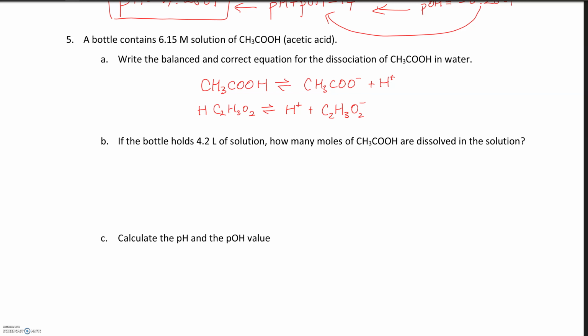So these both are balanced, so it's either the top or the bottom one, whichever works.